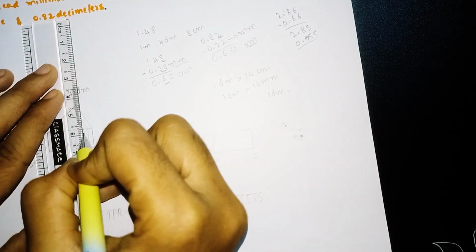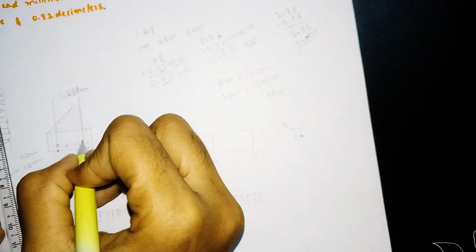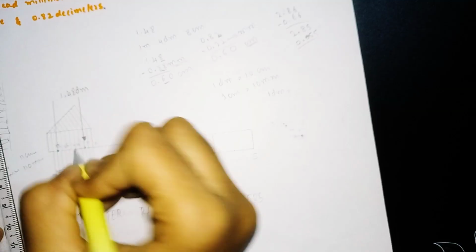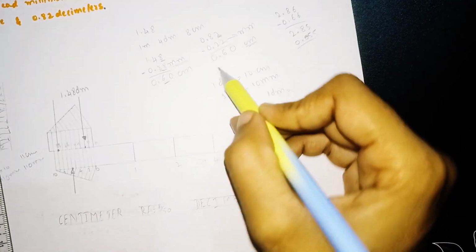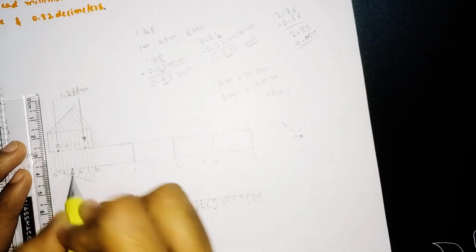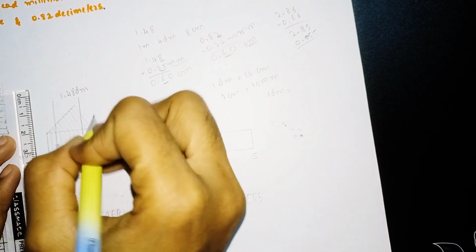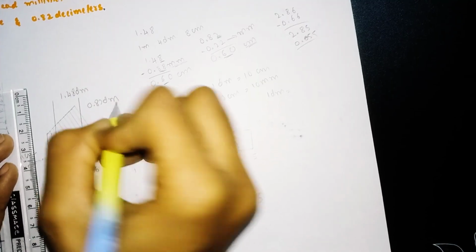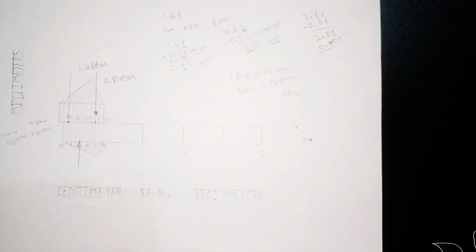So we have to draw one vertical line here and show the arrow indication. And 0.60 means 6 centimeter. 6 centimeter means again it comes here. So this is nothing but our 0.82 decimeter.